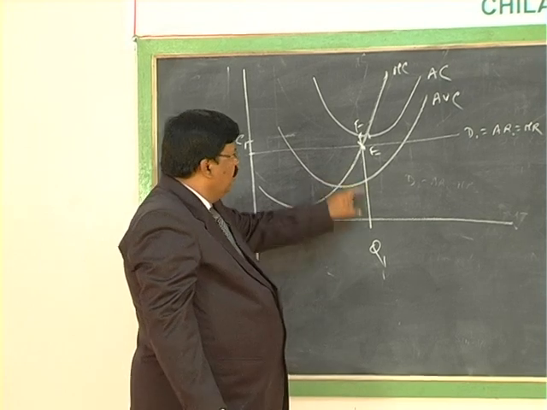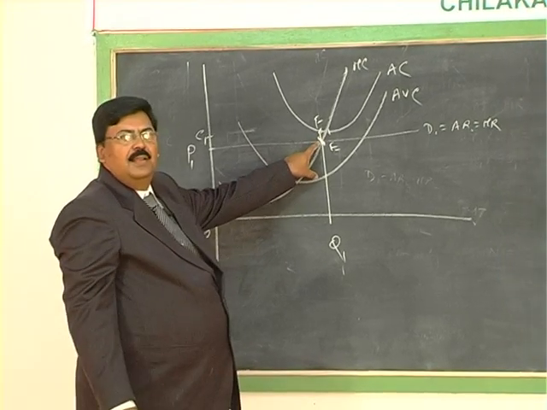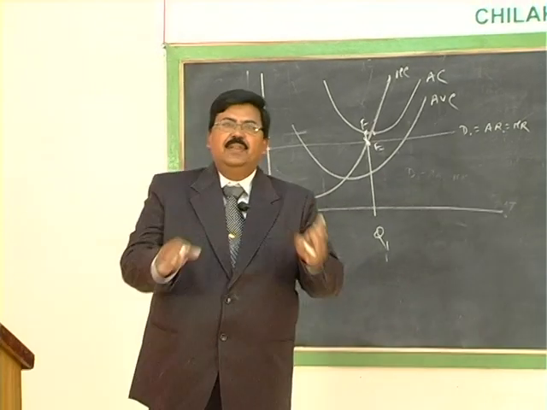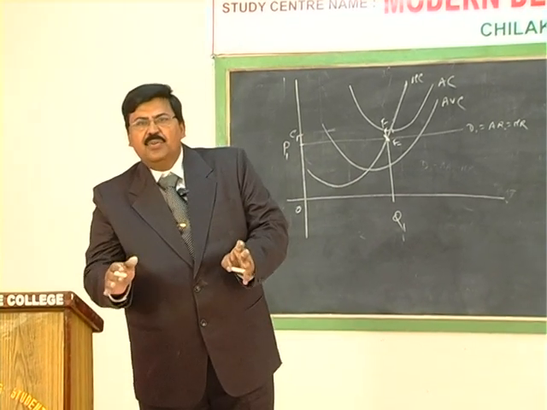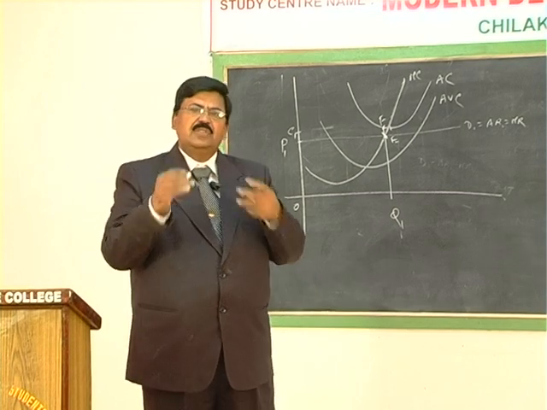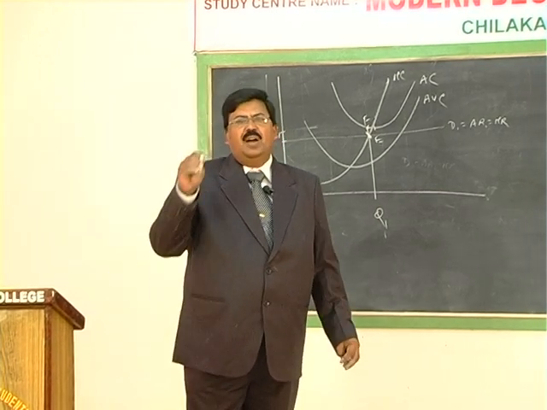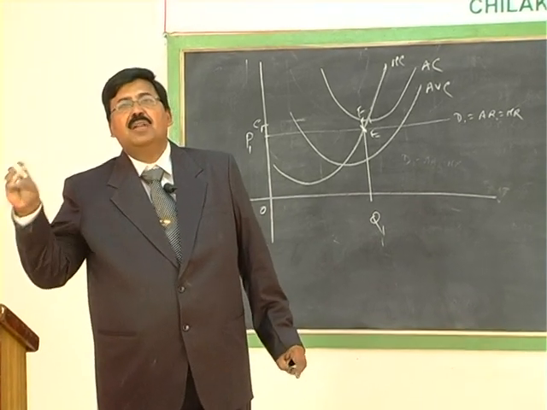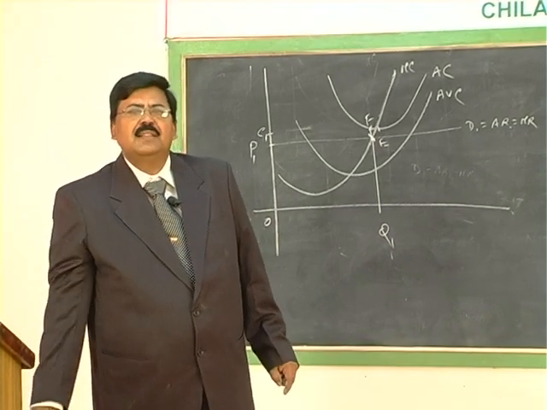Even though it is incurring loss, the loss is minimum because you see here for OQ1 rate of output, the price Q1E is more than average variable cost. Even if the firm temporarily shuts down its operations, it has to incur fixed cost. So what is more important is whether price is equal to or greater than variable cost. That is very, very important in the short run.